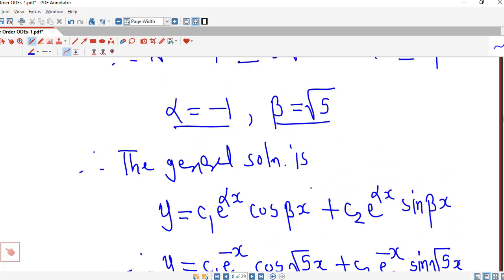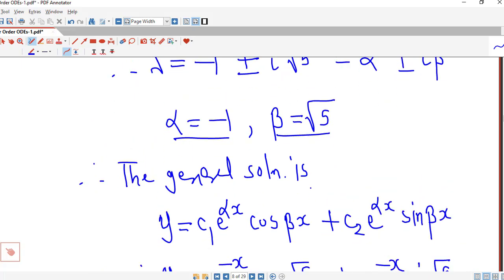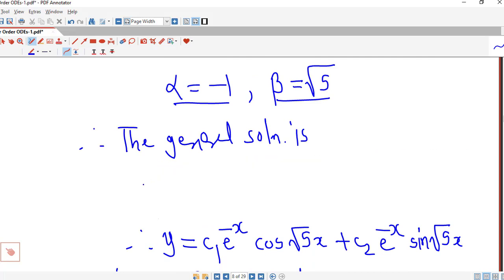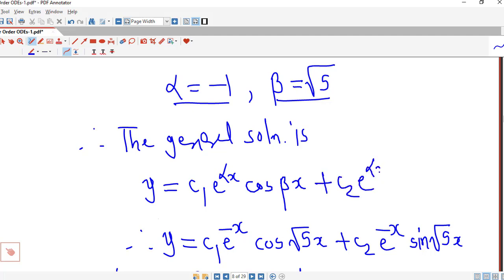So whenever we have complex roots for a second order equation, we remember that there are always two complex roots if they exist, and the general solution is given by this formula: c1 e raised to alpha x cos beta x plus c2 e raised to alpha x sin beta x, where alpha and beta are the real and imaginary parts of the complex roots.